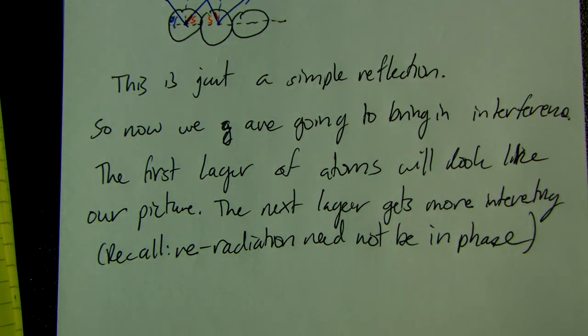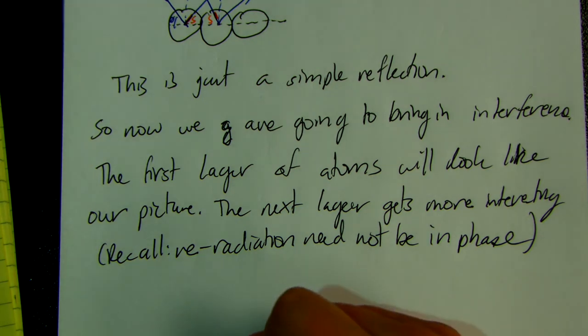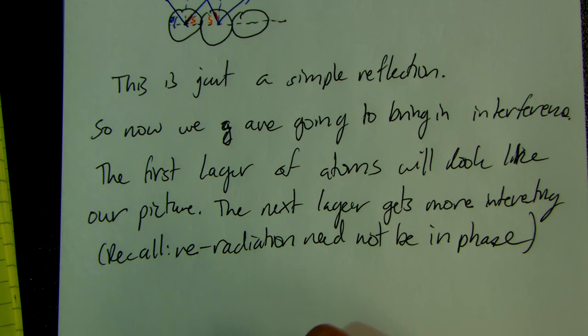Now we're going to look at what's going to happen if we're 2 layers deep into our lattice.